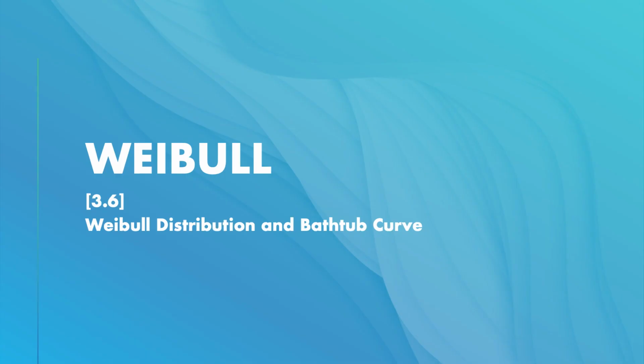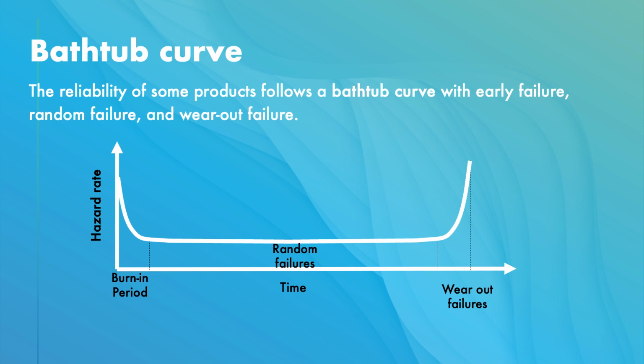Let us now enter section 3.4, Weibull distribution and bathtub curve. The bathtub curve is a central idea of reliability theory that states that an equipment will go through a series of failures throughout its lifetime, and they follow the shape of a bathtub curve.